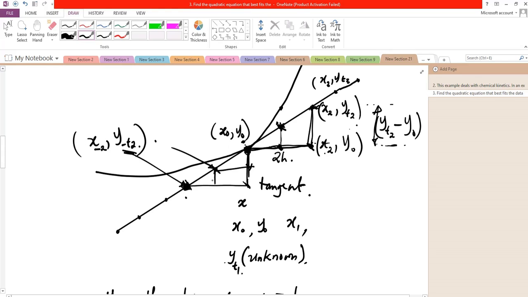So now from here, in this case, our x subscript 0 is greater than x subscript minus 2. Now assuming this, the difference between this and this is 2h.